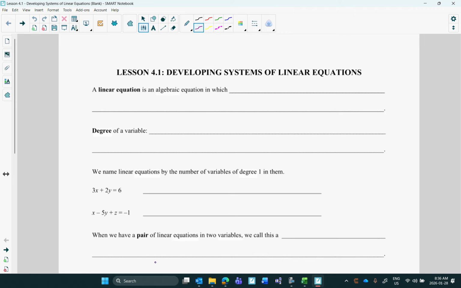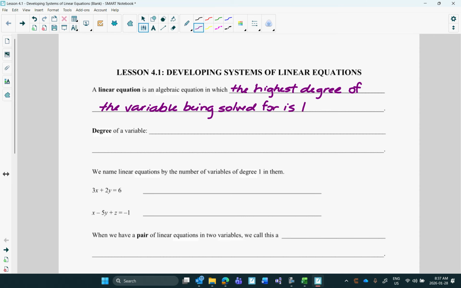It's an algebraic equation in which the highest degree of the variable being solved for is 1.